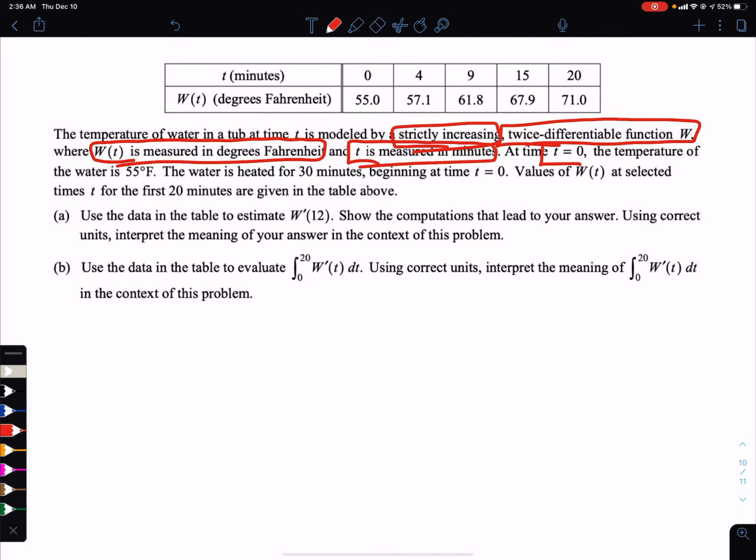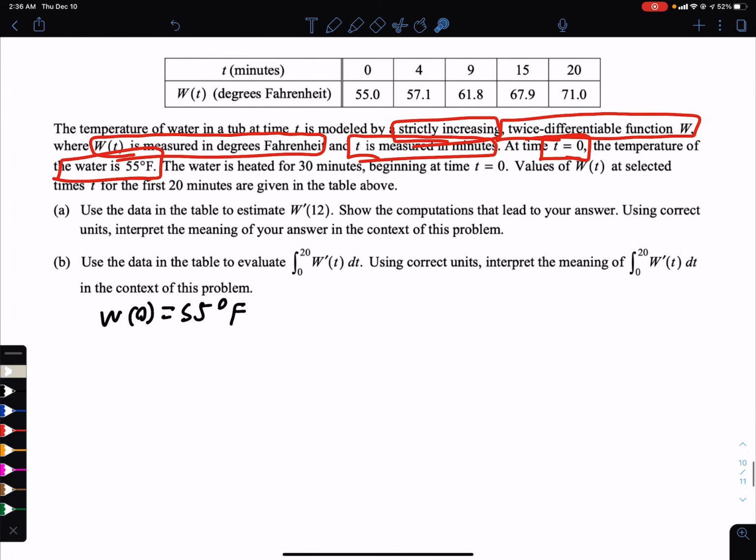At time t equals 0, the temperature of the water is 55, so the temperature at 0 is 55 degrees Fahrenheit. They tell you that. The water is heated for 30 minutes, and the values of W of t, the temperature of the water, are given for various times.